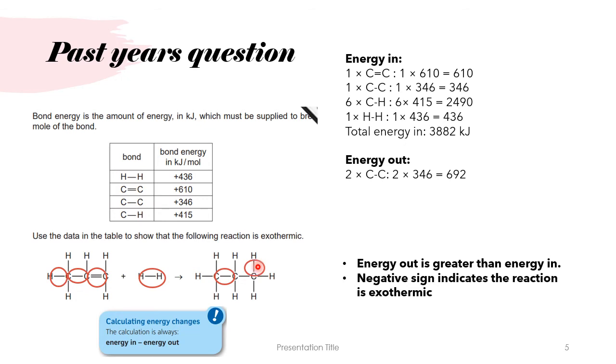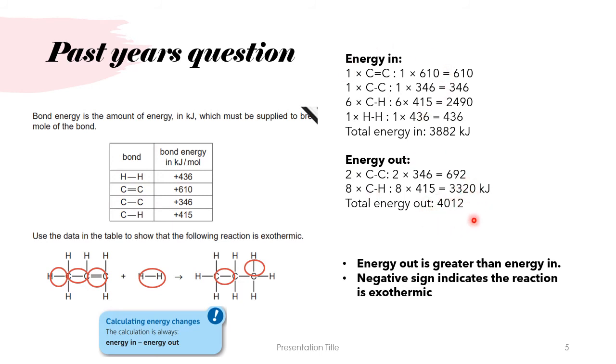Carbon to hydrogen bonding ada berapa? 1, 2, 3, 4, 5, 6, 7, 8. So 8 times 415 is equal to 3320. Jadi total energy out is equal to 4012.